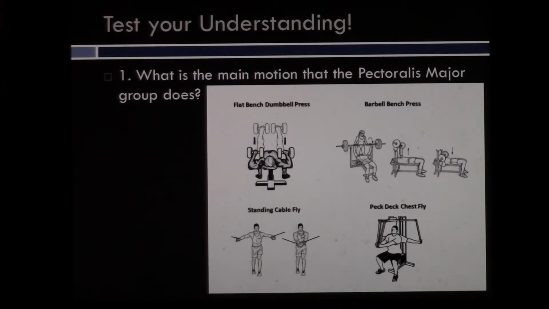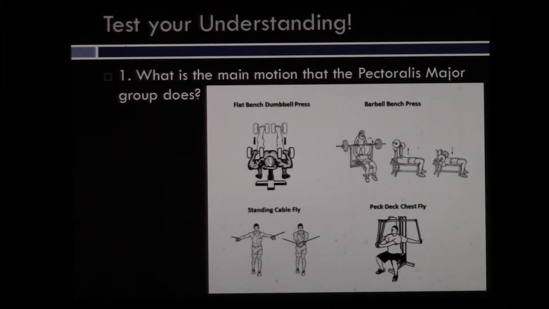Your pecs attach going down your sternum, and there's a whole lot of fibers running straight out, and then they attach just beyond your shoulder, onto your humerus. I know I don't require anatomy for this class, and I think you'll be fine, even if you've had no anatomy. So your pecs are involved with motion at the shoulder because that's the joint that they cross.